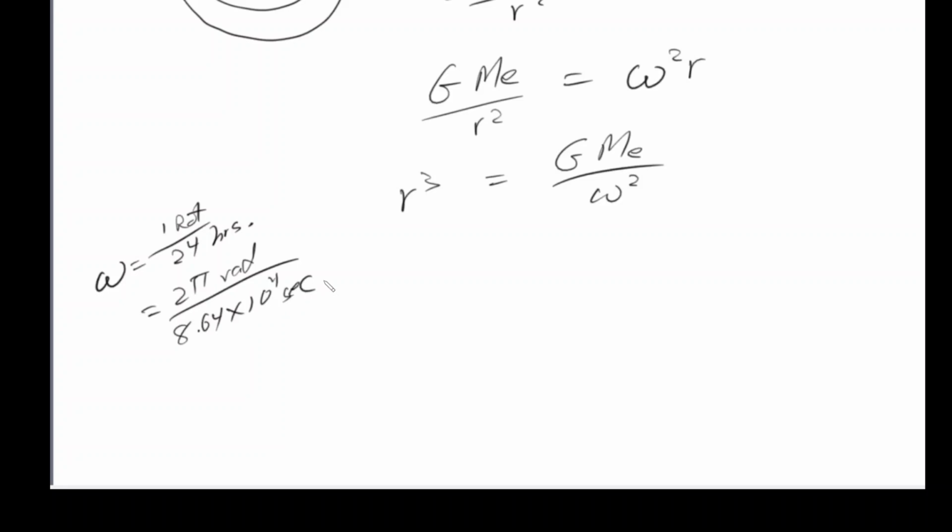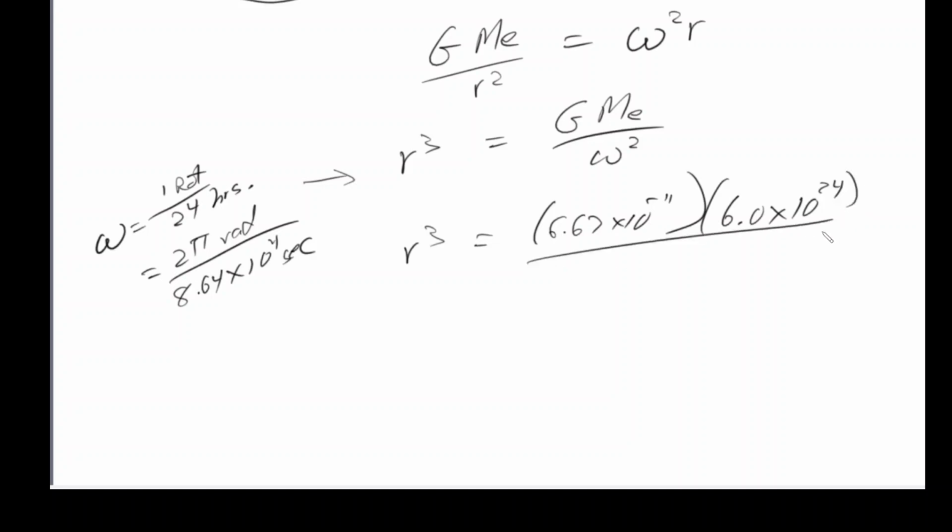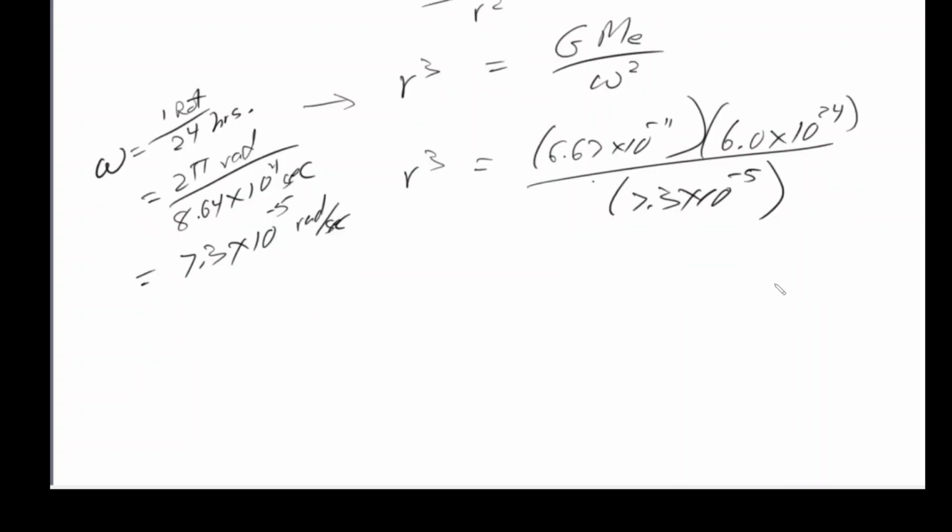So we can use this in this equation, and we get r cubed is equal to G, which is 6.67 times 10 to the minus 11th, times the mass of the Earth, which is 6.0 times 10 to the 24th kilograms, divided by omega squared. And if you go through this calculation, omega ends up being 7.3 times 10 to the minus fifth radians per second. So we put that in here, 7.3 times 10 to the minus fifth radians per second.